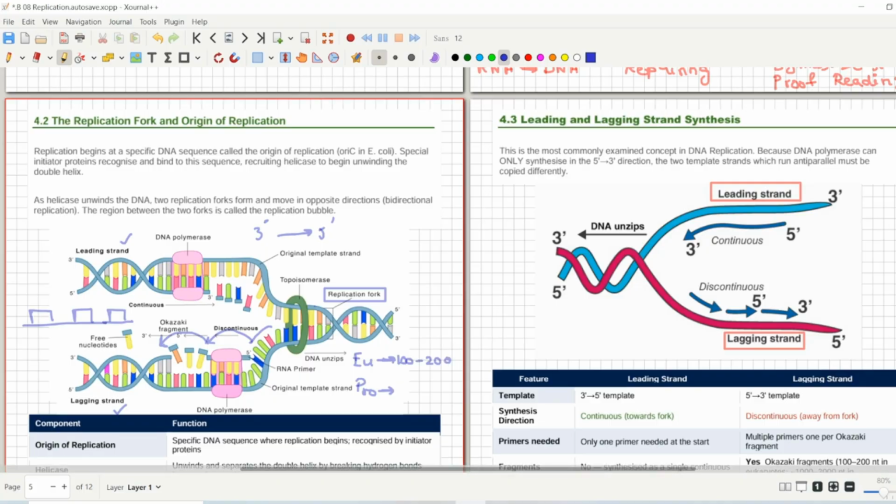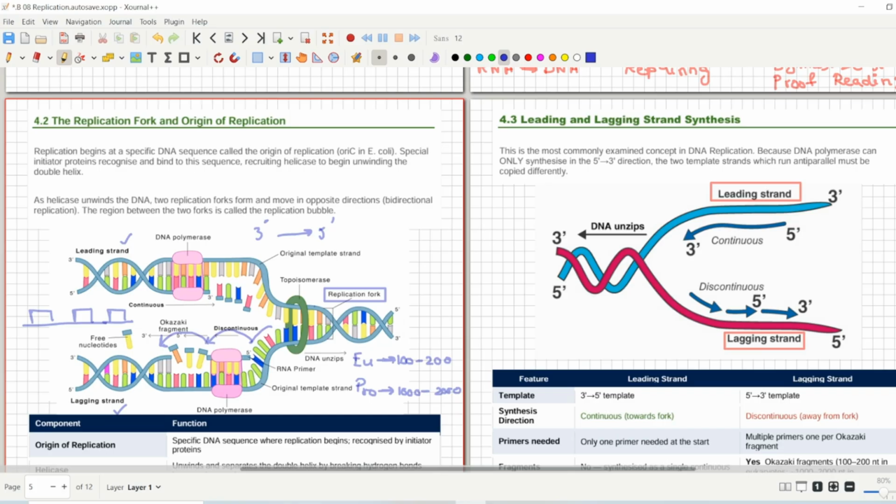If we talk about prokaryotes, there is a larger number, about 1000 to 2000 nucleotides left, and there is a gap of these nucleotides. So eukaryotes will jump around 100 to 200 nucleotides, and prokaryotes will jump around 1000 to 2000 nucleotides, and there would be a large gap between Okazaki fragments.